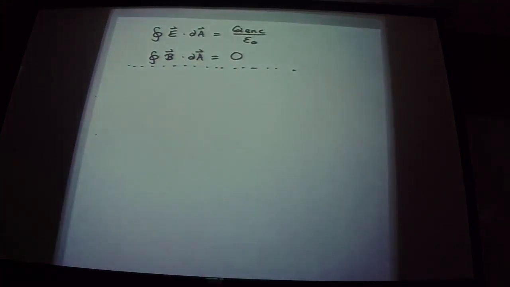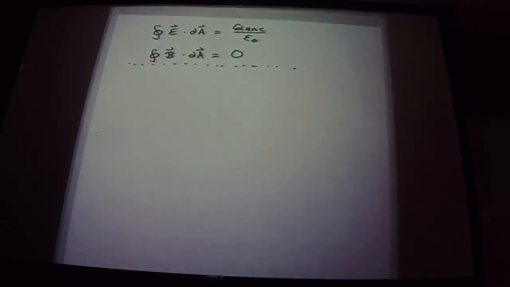Okay? Well, there is another type of integral. Instead of a surface integral, we can do a line integral. I introduced this back when we talked about Kirchhoff's law, because the voltage is a line integral of the electric field.